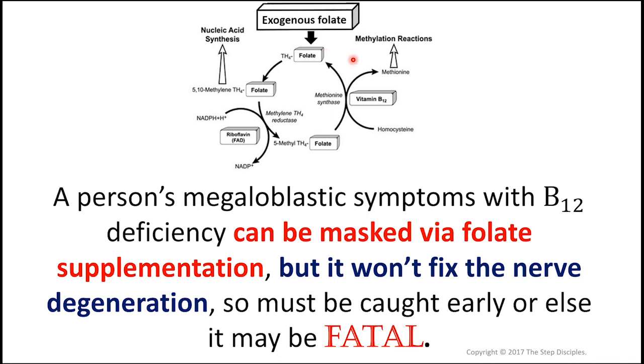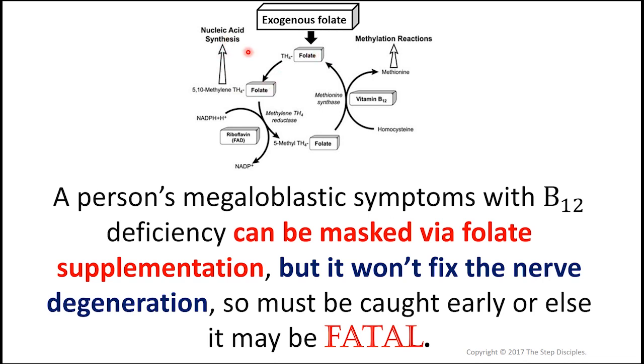So here we have the exogenous folate, and you can see that folate goes through a number of changes throughout its time in the body, and it turns out that vitamin B12 is required to convert folate from this form to this form, and this is the form that is active and plays the big role in doing the cellular processes that it normally does.